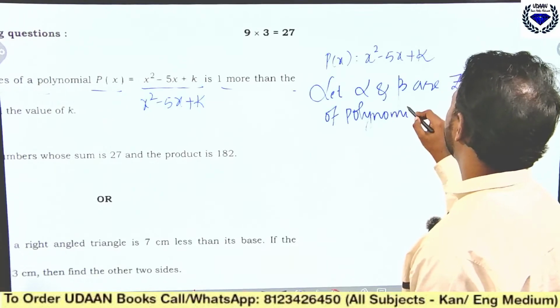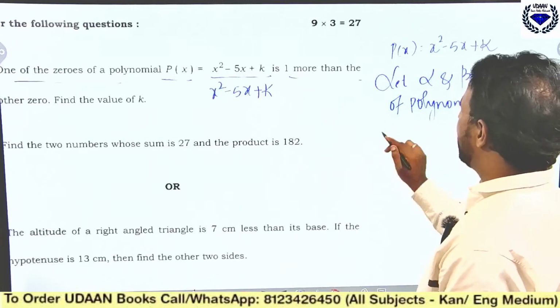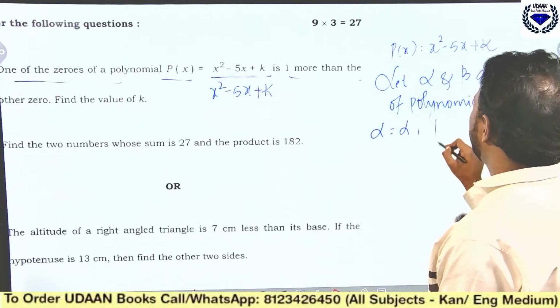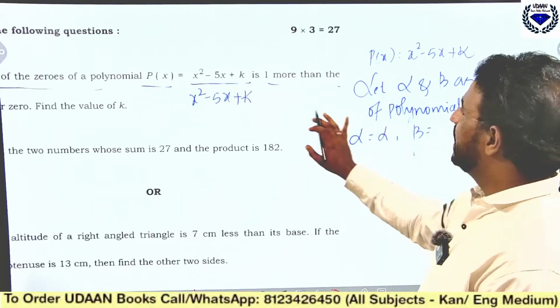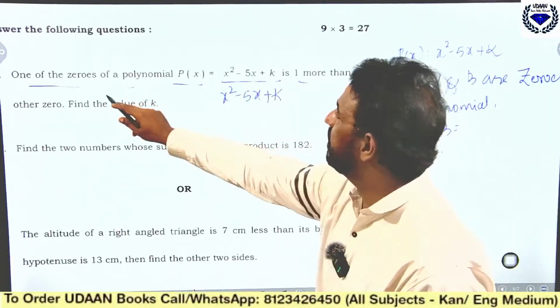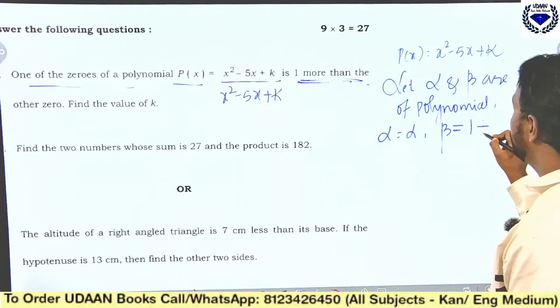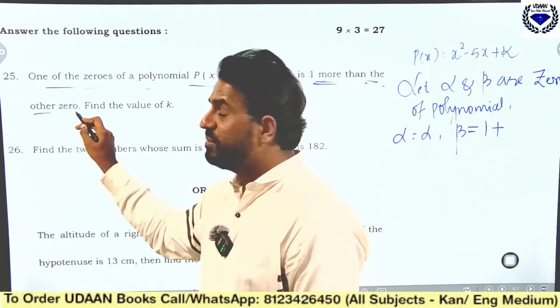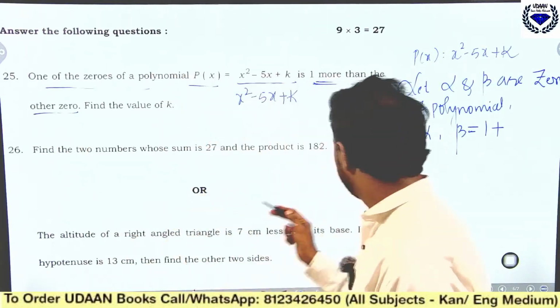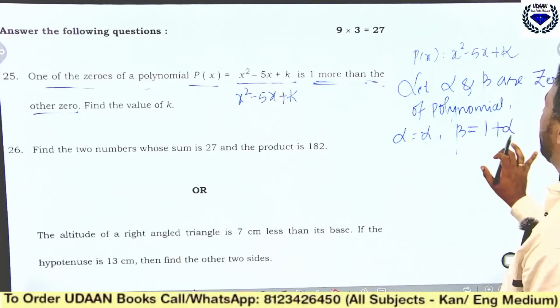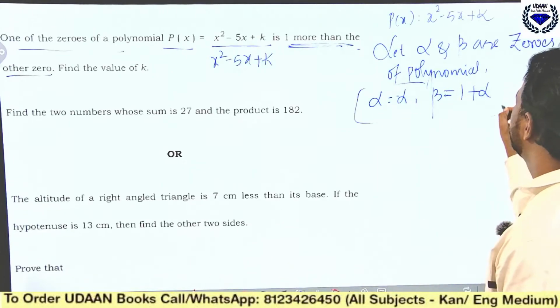So what will you get? They said alpha is alpha, then beta is, see, one of the zeros of the polynomial is one more than the other, that means beta is one more than the other. The other one is alpha. Okay, this is what the condition is.